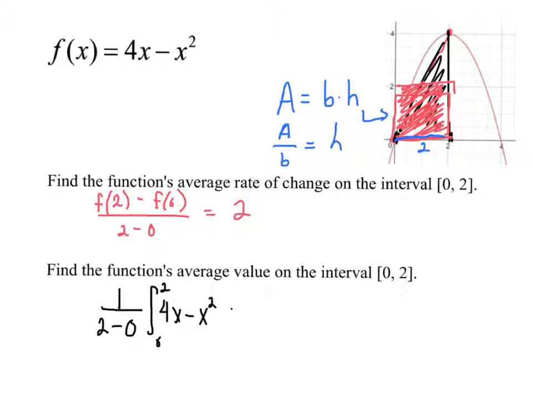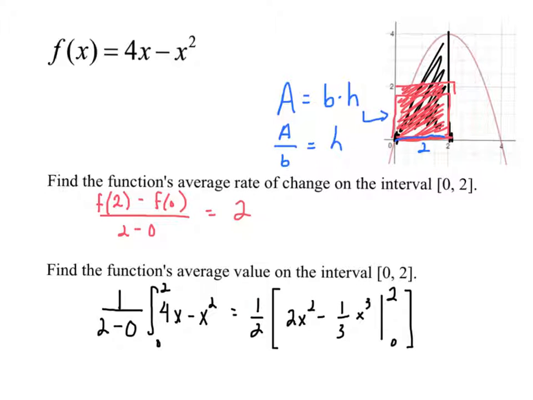So we can do the integral. I'm going to leave the 1/2 out front. The antiderivative would be 2x squared minus 1/3 x cubed, evaluated at 2 and 0. You plug in 2. We still have 1/2 here. Well, we plug in 2, we're going to get 8 minus 8/3, which is 16/3.